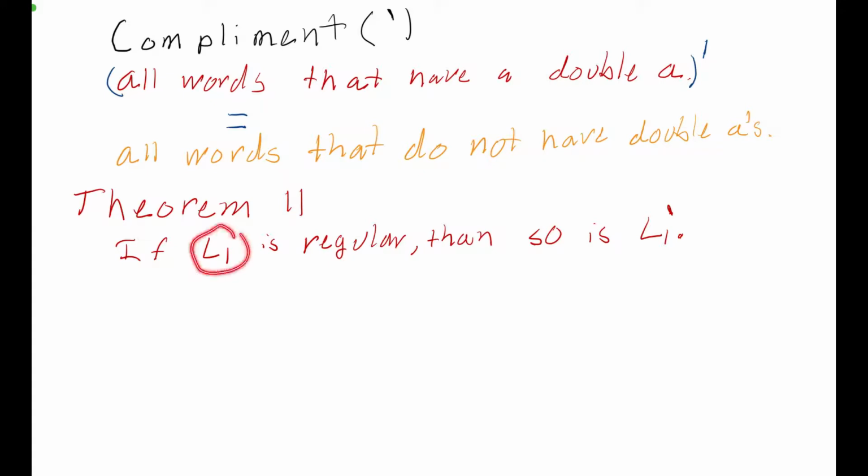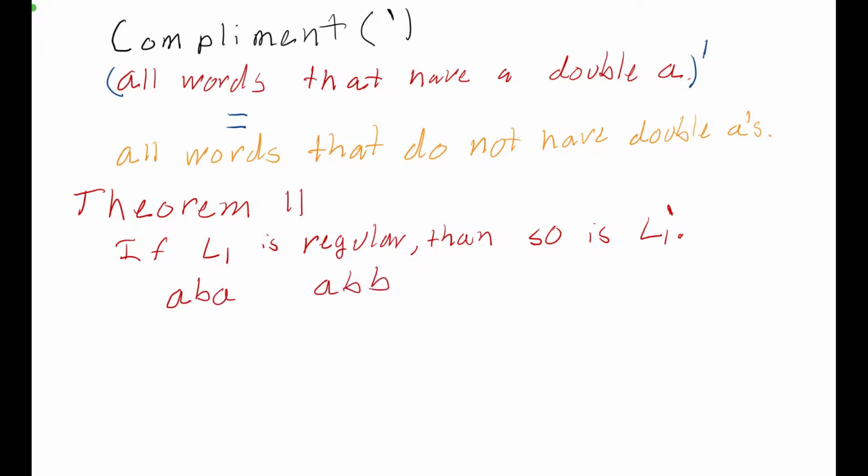So if L1 is regular, then we can also define L1 complement with a regular expression, a finite automata, and a transition graph. So let's go ahead and do the proof of that, and I'll just do a little example to show this proof. We'll do the language that has the words ABA and ABB in it.